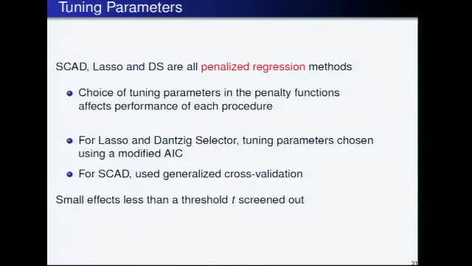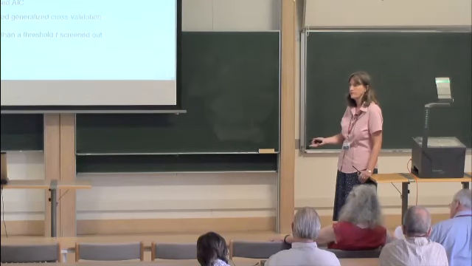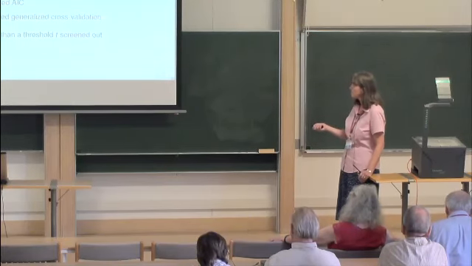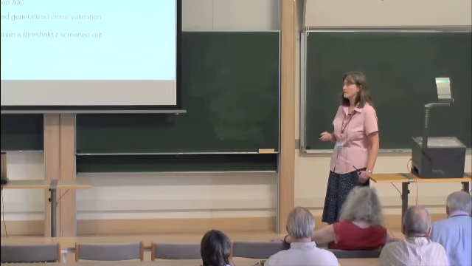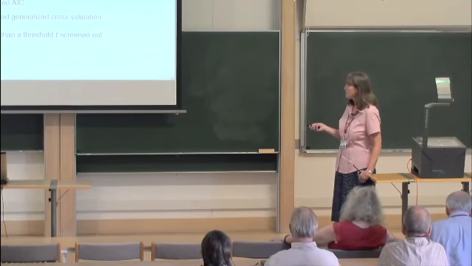And for the Bayesian methods too, we also threw in a threshold, because again, we're not looking for non-zero effects, we're looking for sizable effects. The engineers will tell you, I'm not interested in any effect that's smaller than so much. So we actually put in a threshold as well, which we linked to the size of our effects, to screen out the small effects.